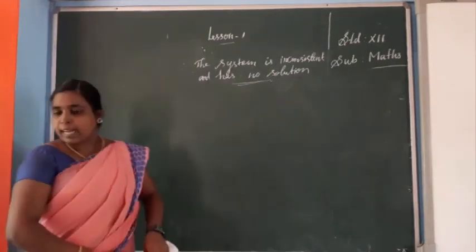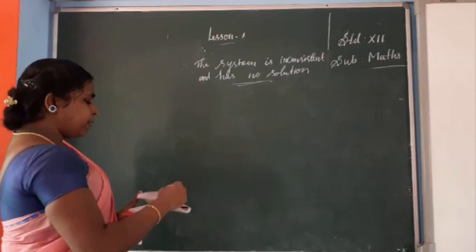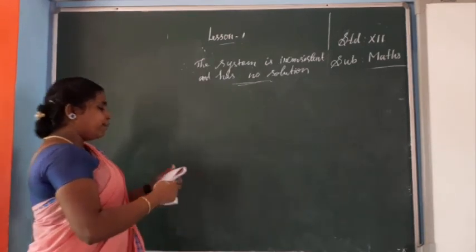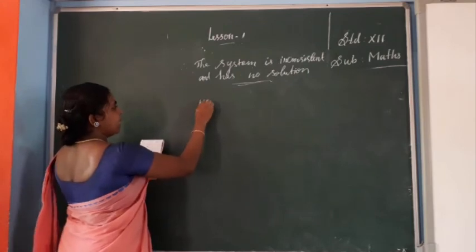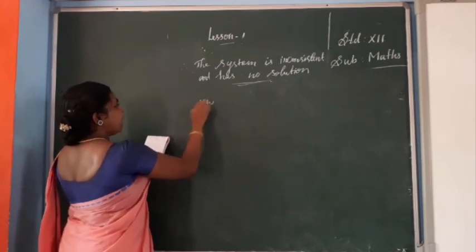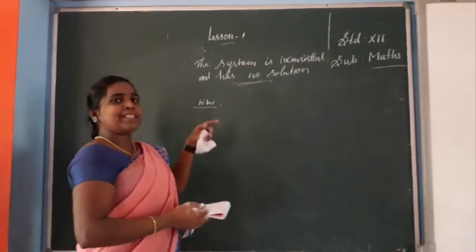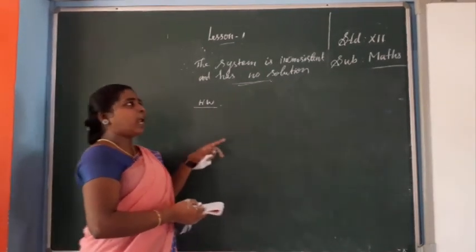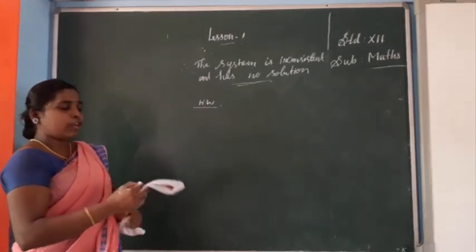Therefore, the system is consistent and has an infinite number of solutions. Then the third type is also rank of A, rank of AB equal but less than n. Therefore, the system is consistent and has an infinite number of solutions. The last type is rank of A not equal to rank of AB. Therefore, the system is inconsistent. It has no solution. Okay.